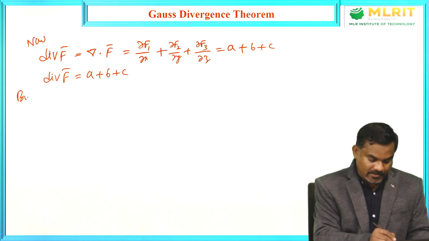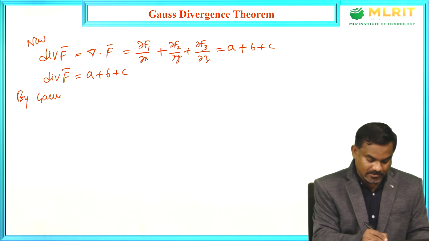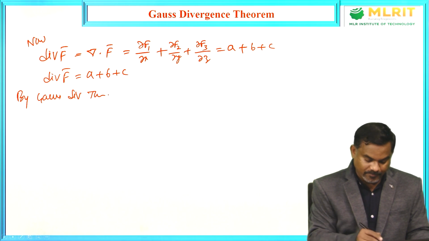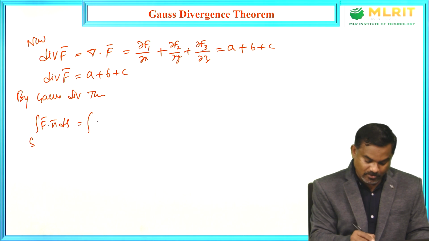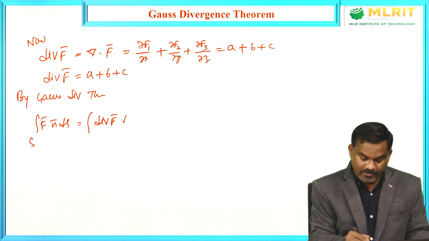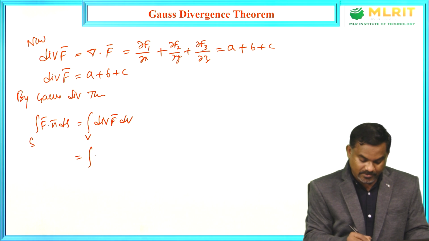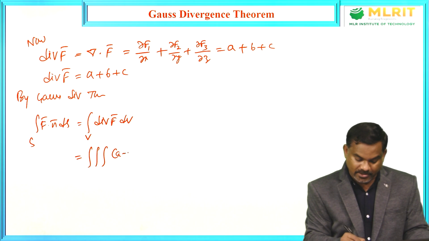Now by the Gauss Divergence Theorem, the surface integral of F̄·n̄ dS is the volume integral of div F̄ dV. Now we need to find the limits.